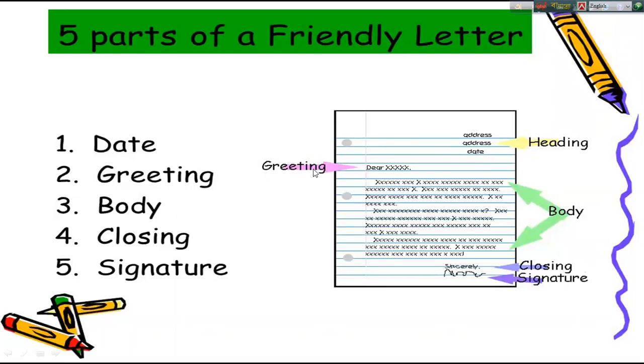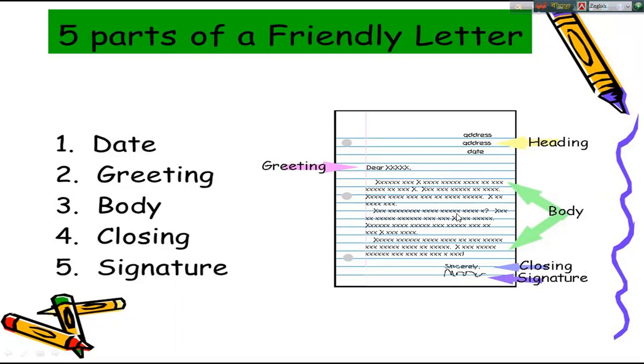Then greeting, or you can say salutation, where you address like dear friend, dear brother, dear sister, like that. That is called greeting or salutation. Then look here, this whole part where you will ask about him or her, your friend or your father, your mother, about their health condition. Then write also about yourself. How about you?